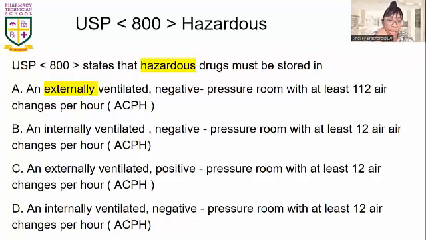USP 800 hazardous drugs. USP 800 states that hazardous drugs must be stored externally ventilated, in a room with negative pressure and at least 12 air changes per hour. That means that thing is keeping that room clean. And it needs to be externally ventilated because we don't want to inhale hazardous drugs and/or hazardous substances when we are compounding.